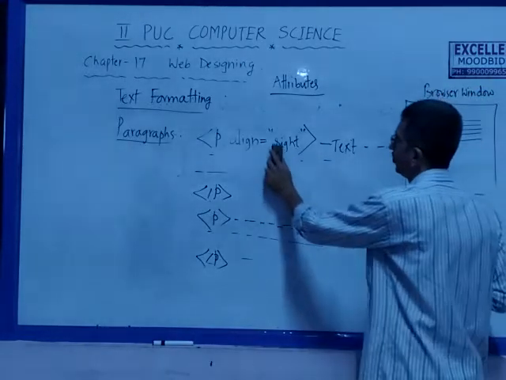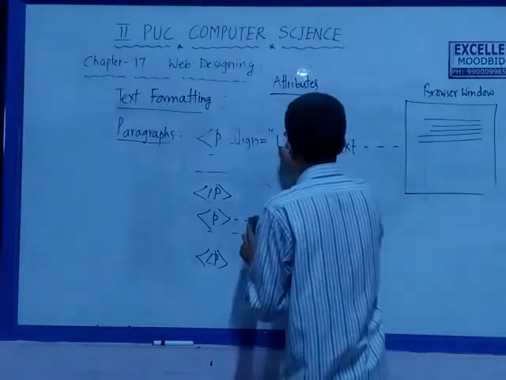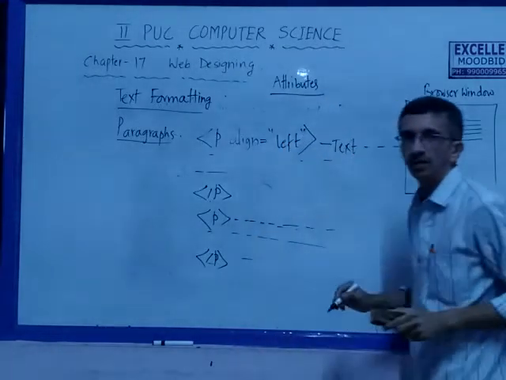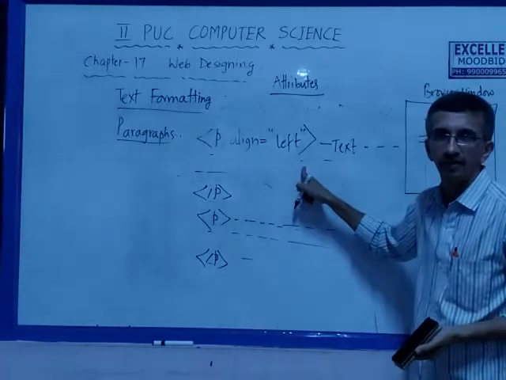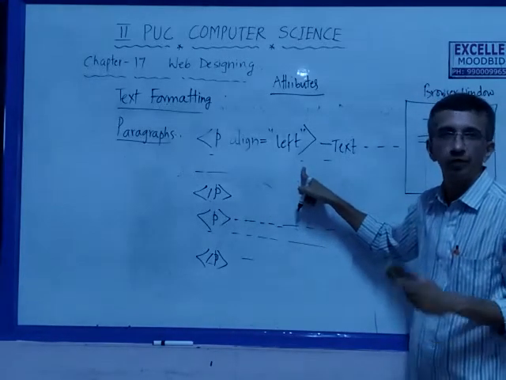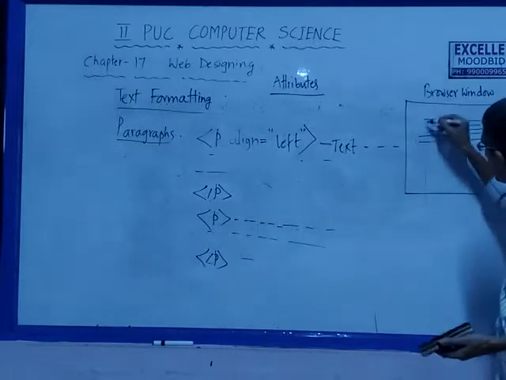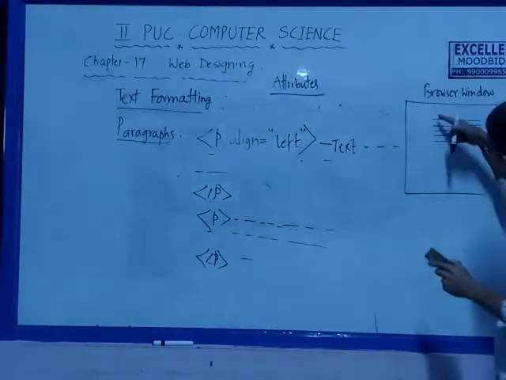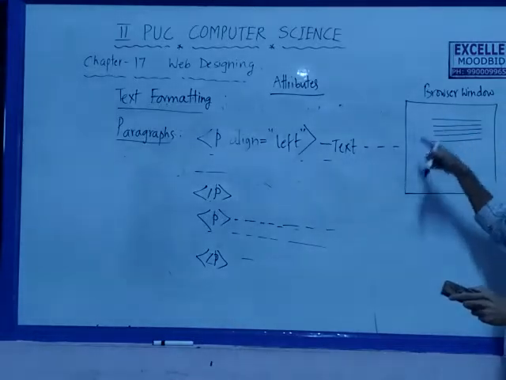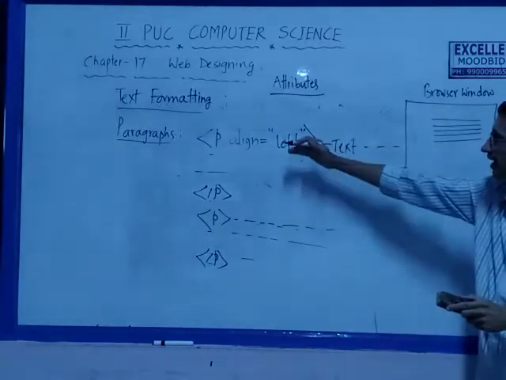If you align it to the left, alignment is left by default; even if you don't give the alignment, by default it will be aligned to the left of the page. So left alignment is like this, a straight line along the left.